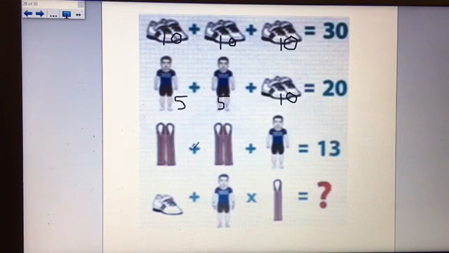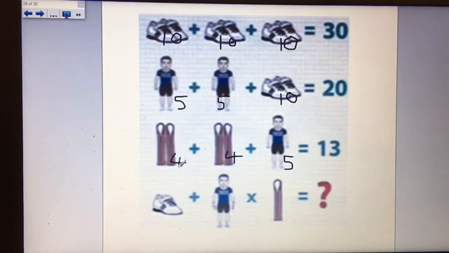There's these stick things. 2 lots of these stick things plus a man makes 13. So we know the man is 5. So 13 take away 5 makes 8. So these have got to make 4 each.